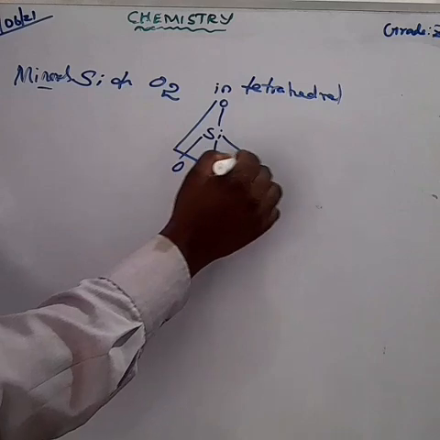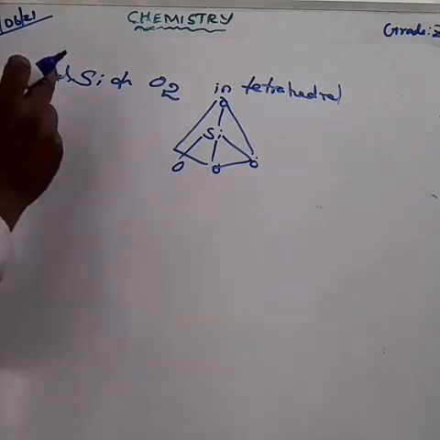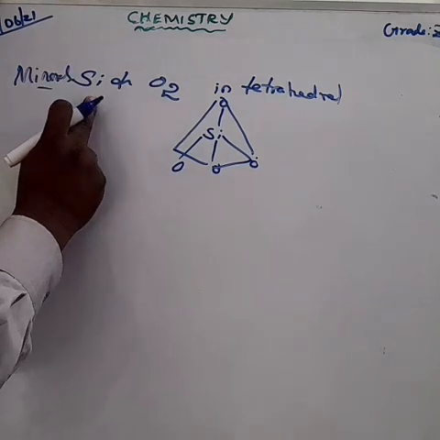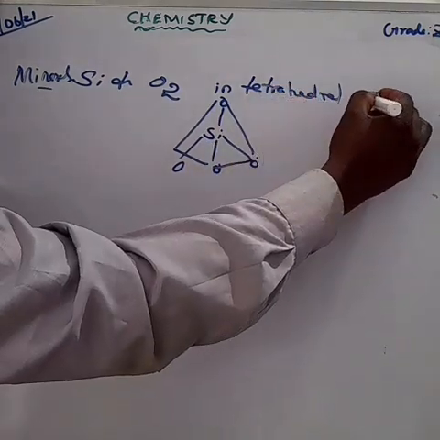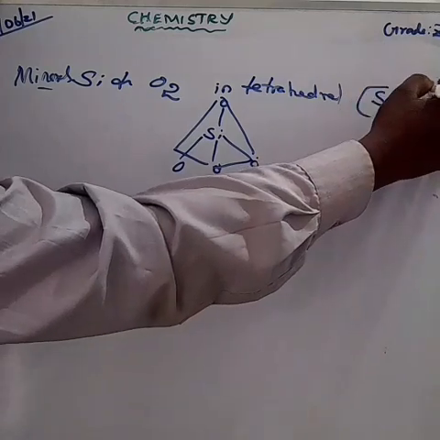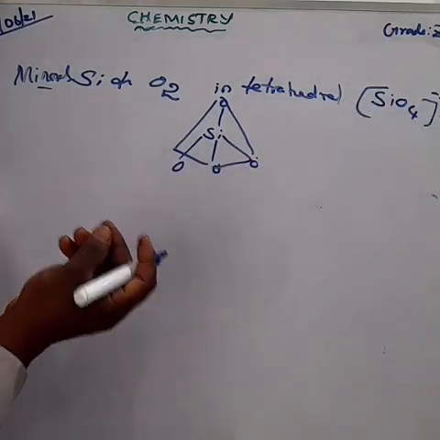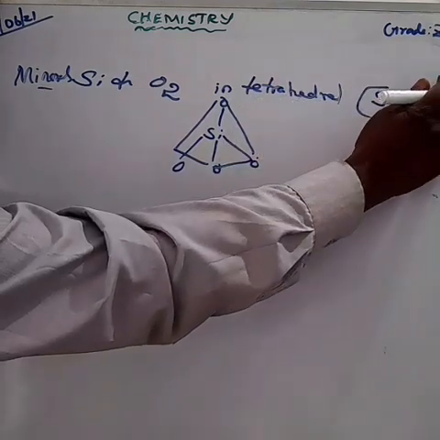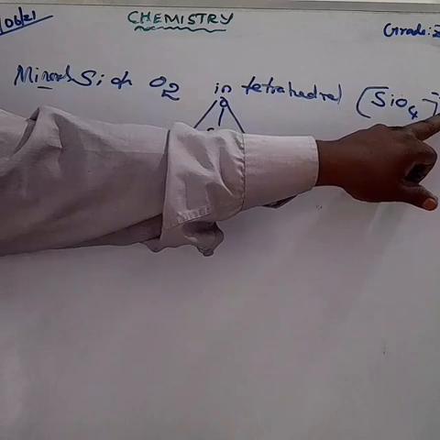Okay, we can discuss the structure also. So what is a silicate? Minerals which contain silicon and oxygen in tetrahedral units linked together in different patterns are called silicates. For example, one unit is SiO4 4 minus. This is one of the tetrahedral units.